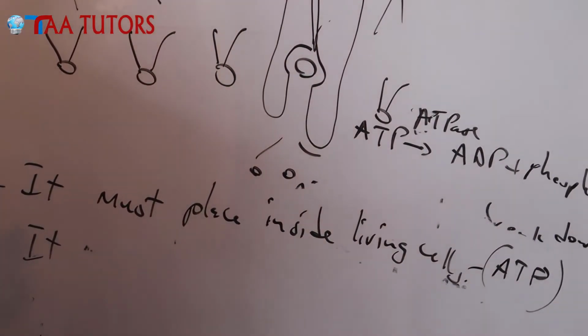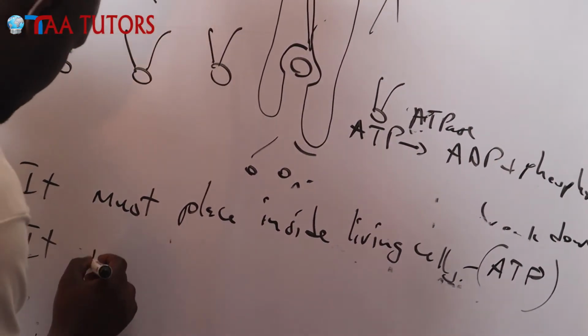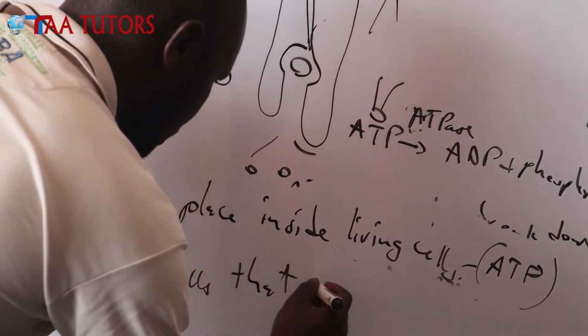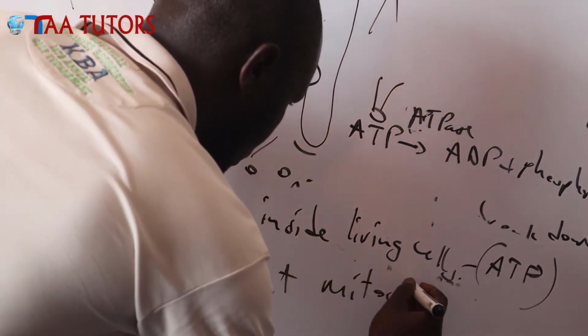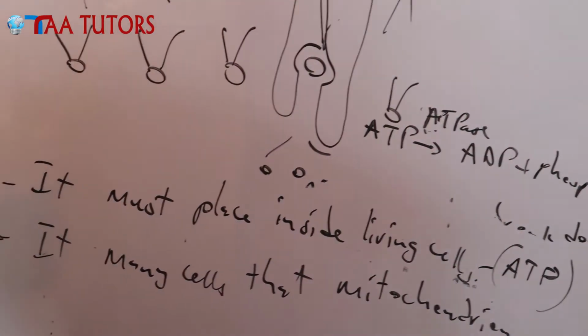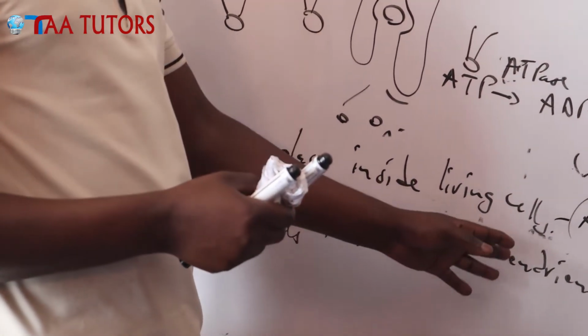So it is going to happen in many cells that have mitochondria. Why is it so? Now, mitochondria, we know that this is the cell powerhouse. This is where most of respiration takes place.